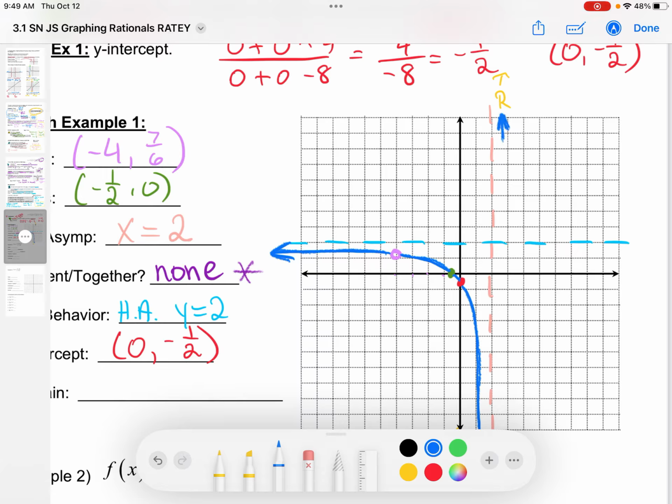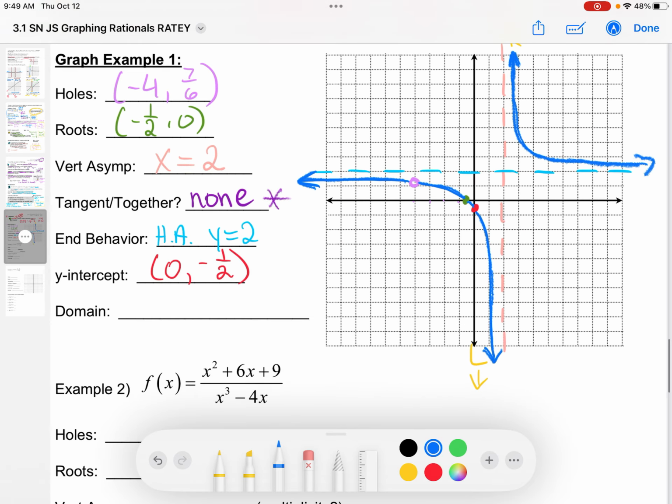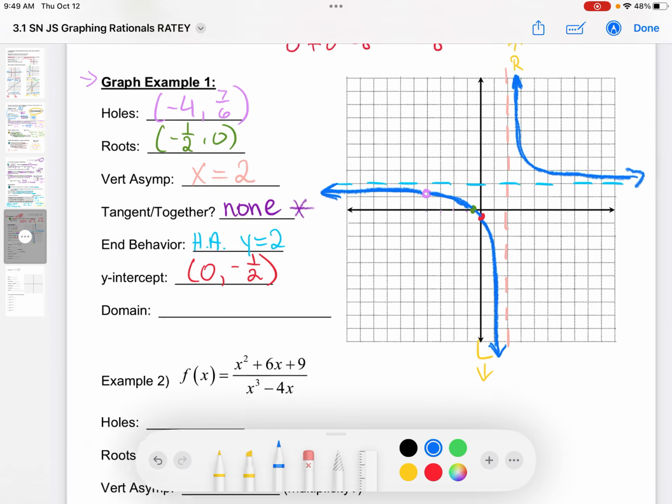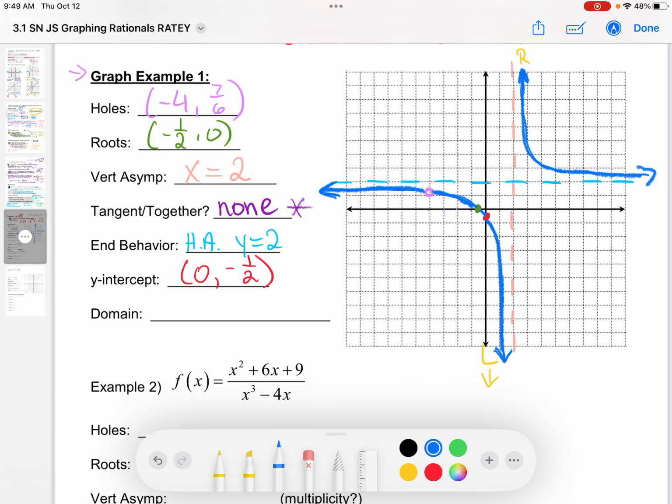So our graph on the right of this asymptote faces up. So it will make that curve not crossing either asymptote. We'll make this curve in the other section. Now, we don't have any information on specific points there, and that's okay. We do need to draw that other section because it does exist.